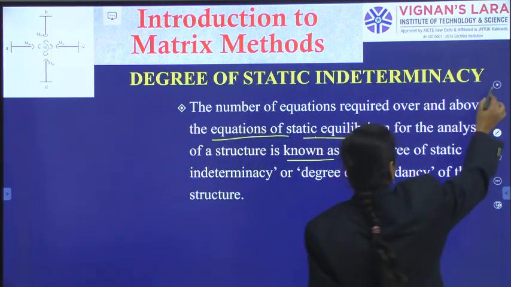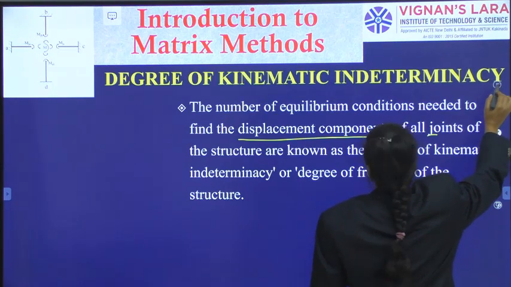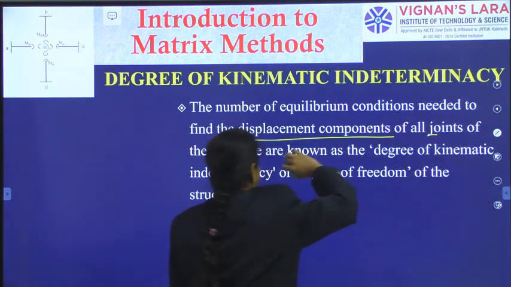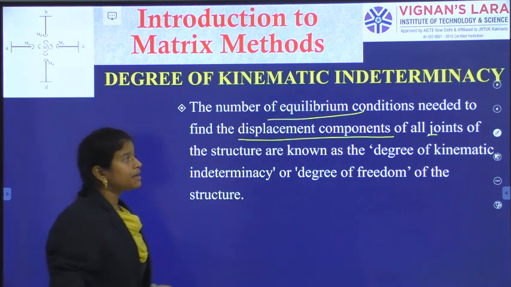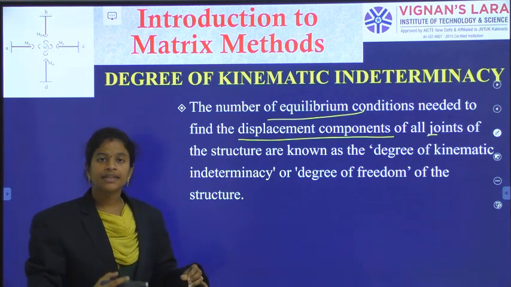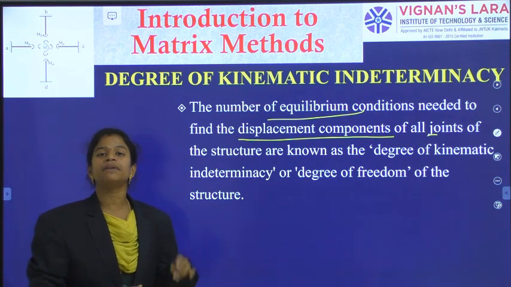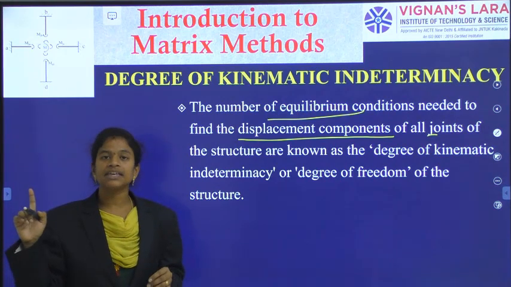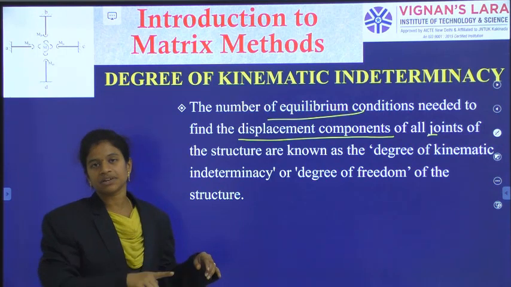Here, the number of equilibrium conditions needed for finding the displacements. There I am thinking about the support reactions. Here I am thinking about the inside displacements of the joints.